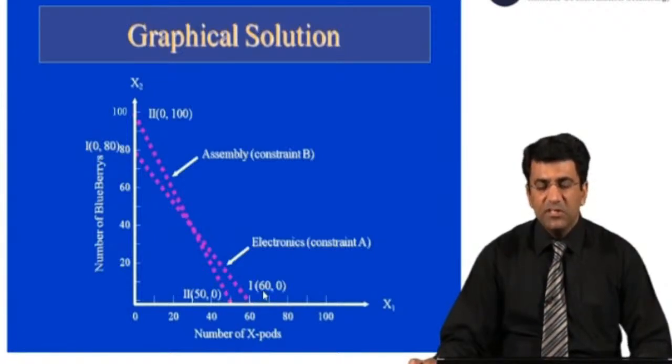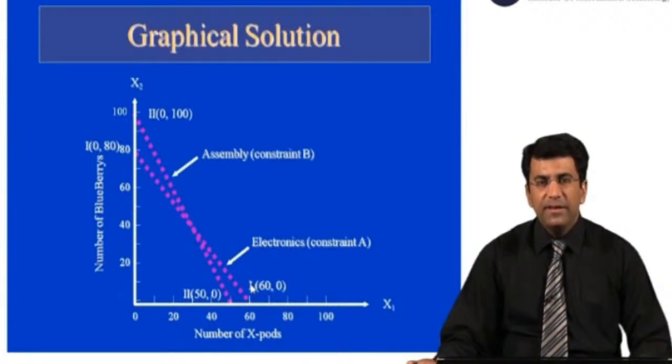So this is the point 60, 0. We will put a point here. The other relevant point with respect to this particular equation was 0 and 80. That is, when x is equal to 0, y will be equal to 80. So this is the 80 point. Now we will connect these 2 points, and these 2 points actually represent our first equation.